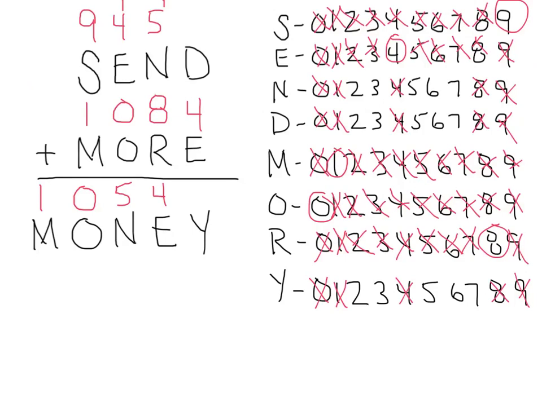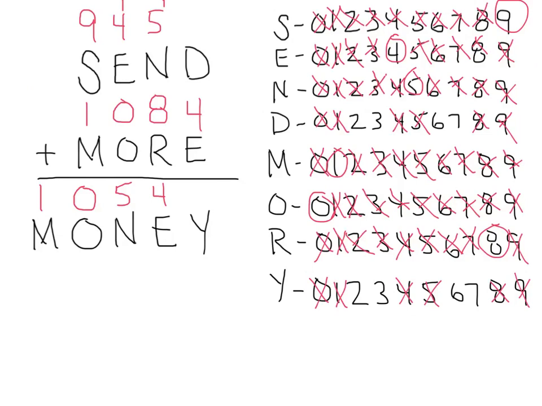I know that N is 5. And I think that's all I know. Alright, so when I'm looking at this, I'm down to D and Y. And look at that, I've eliminated most of the possibilities for D and Y.